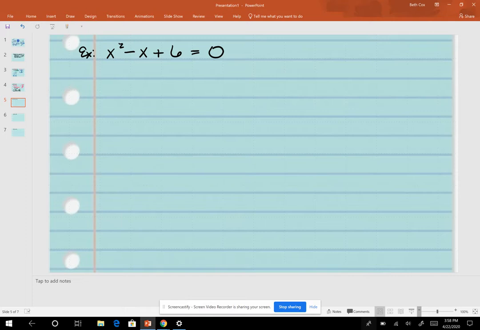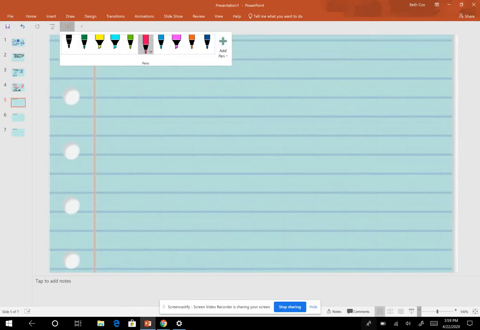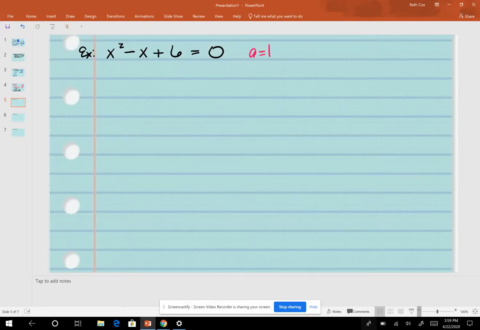So I'm going to write those down for us. Here we go. A is 1, B is -1, and C is 6.